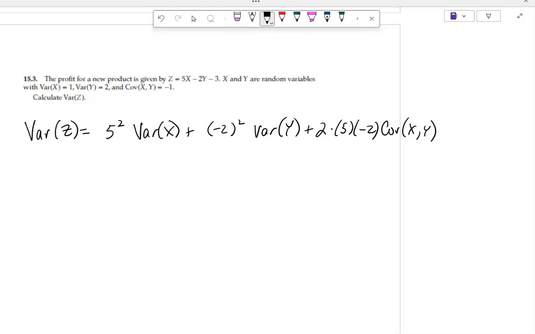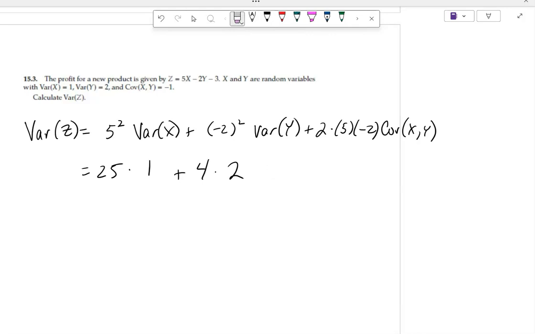So it's the coefficient squared on x, the coefficient squared on y, and 2 times the product of the coefficients for the covariance. And in this problem, they tell you the various values. The variance of x is 1. The variance of y is 2.